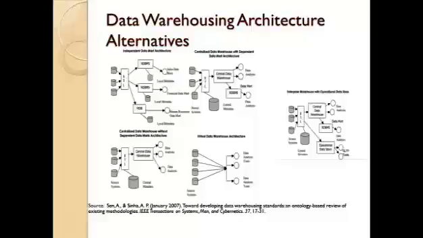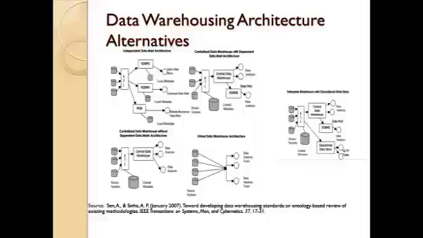This is based on a study done by two researchers published in 2007. The point is that even though the conceptual model that we just saw is pretty reasonable, I don't like to say standard, in the real world you're going to see different architectures in different companies.